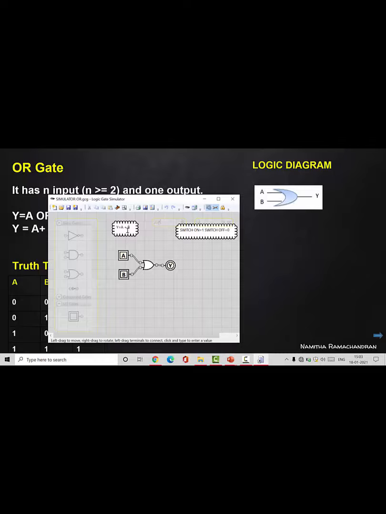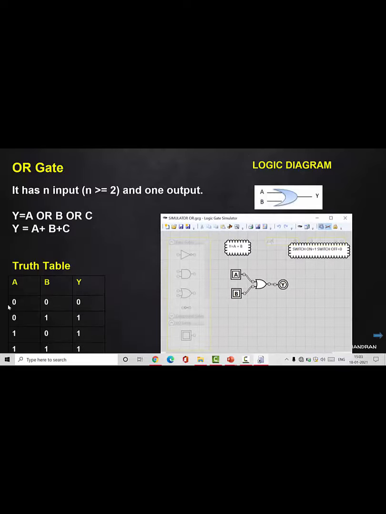This one actually indicates a 2 input OR gate. And the logic diagram corresponding to this OR is this. Okay, so this is the first case. A with value 0, B with value 0 means both are in the switched off stage. So the output is also in the off stage. Now A with 0, B with 1 means we need to switch on the second input.